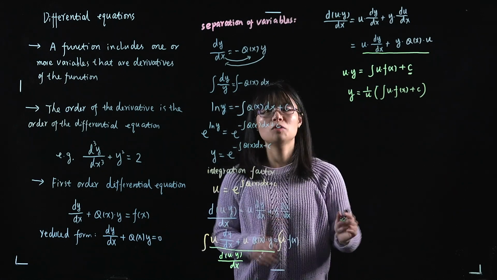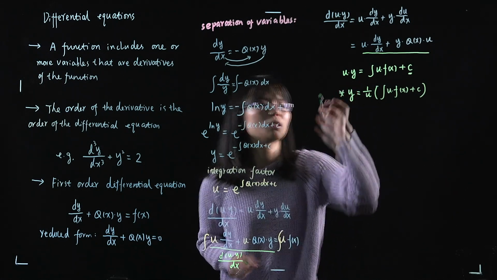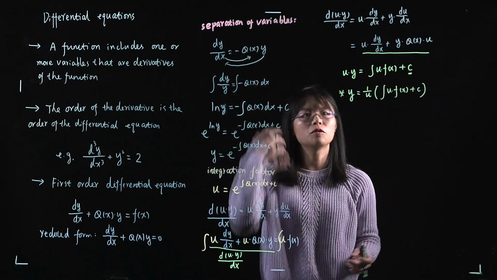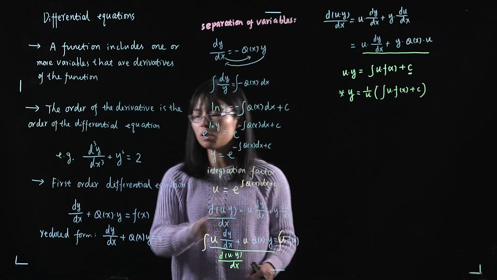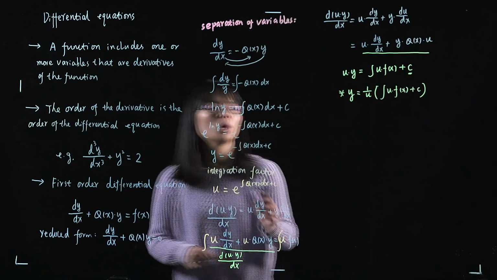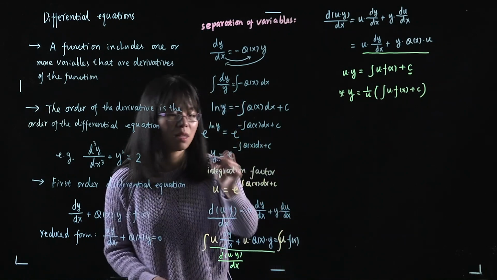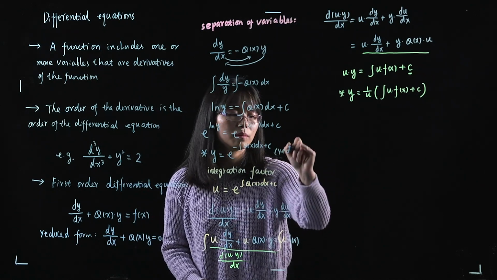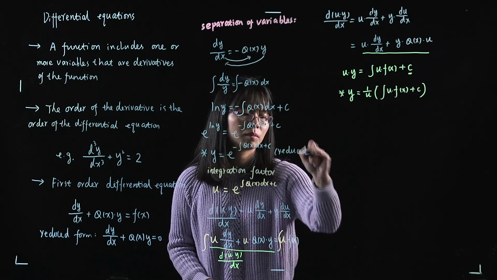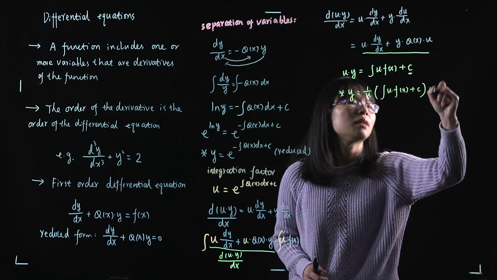So far this is the generic solution for y in the first order differential equation, the non-reduced form, while the earlier one is the solution for the reduced form. This one is non-reduced.